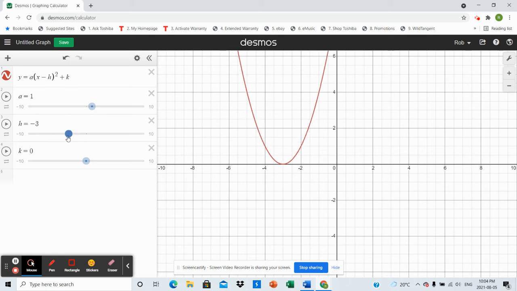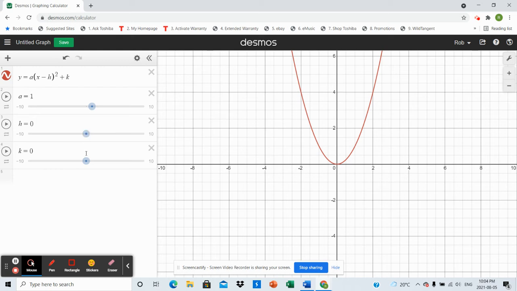So this is when h is -3. We've translated 3 units to the left. So h just translates our parabola horizontally, left to right. I like to reset it and just go through one at a time. So that's what h does.